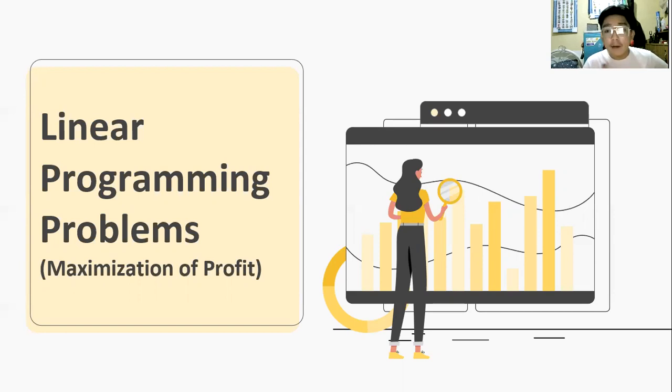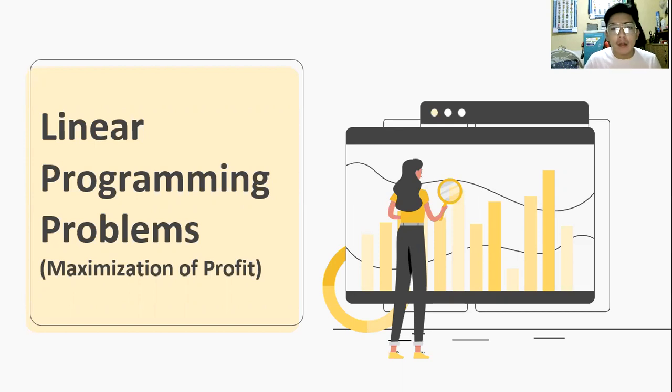If a company produces product A and product B and they have limited resources, we could use linear programming so that the company will know how many of product A and how many of product B they must produce in order to maximize the resources that they have and get the maximum profit available with all those resources.